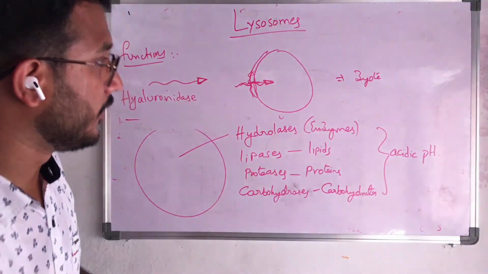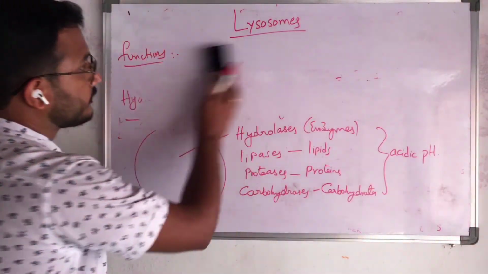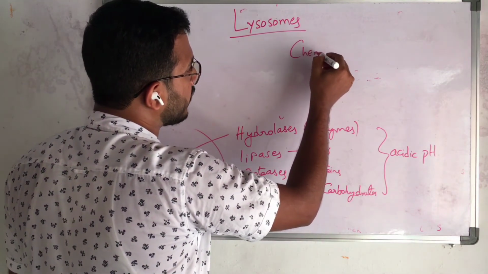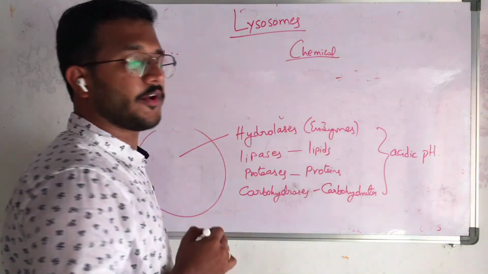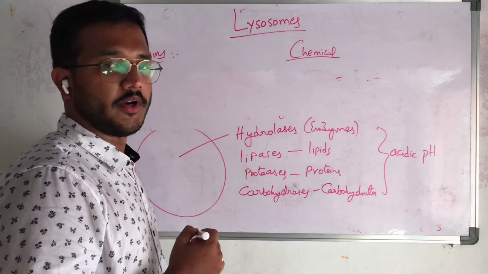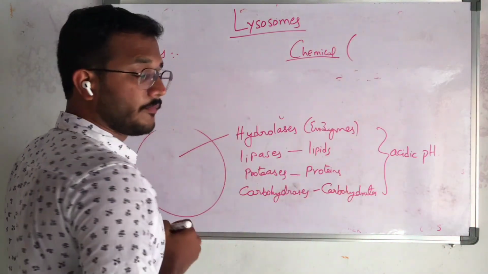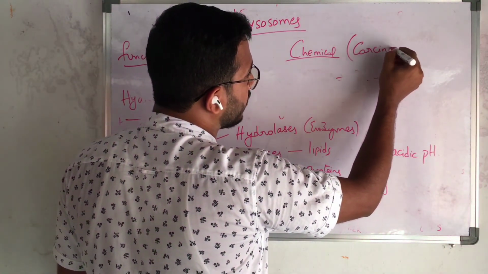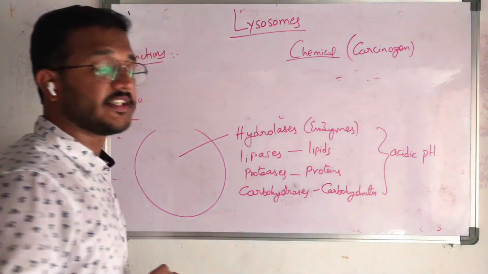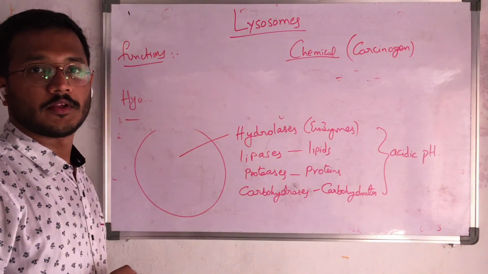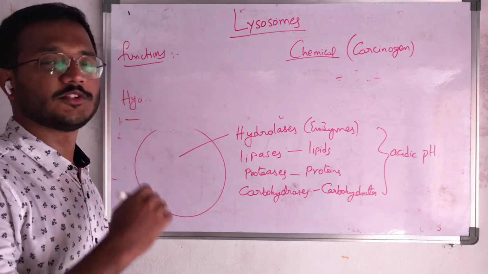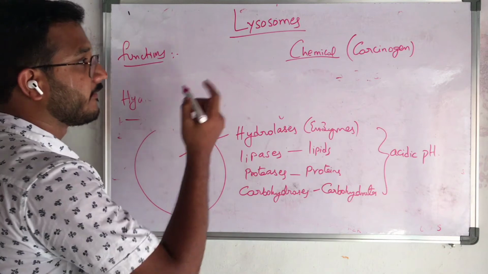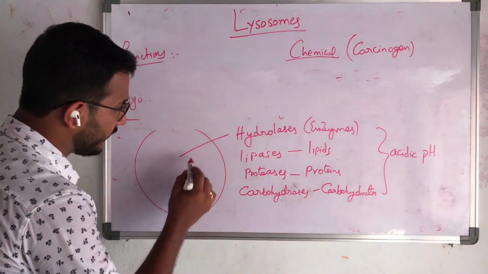Another function in our body: suppose by mistake you had taken some chemicals into your body. If that chemical is a carcinogen, that means it is causing cancer, then in our body the lysosomes help protect us from that carcinogen by engulfing it.